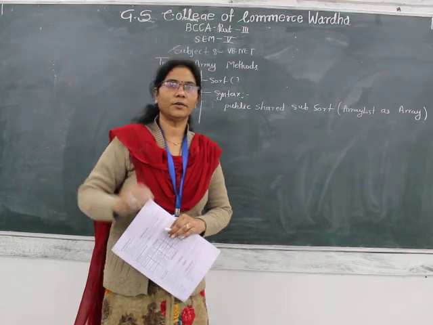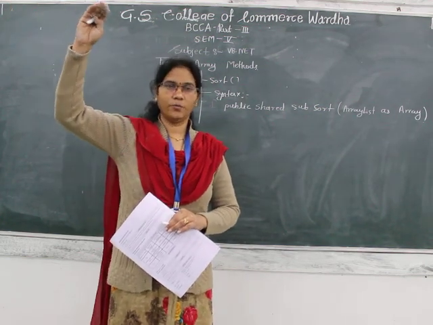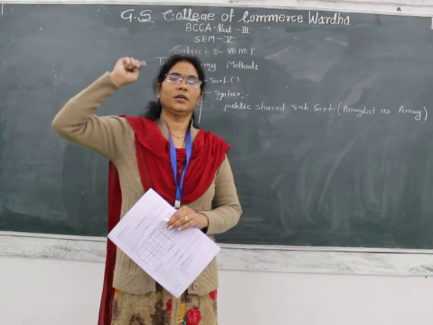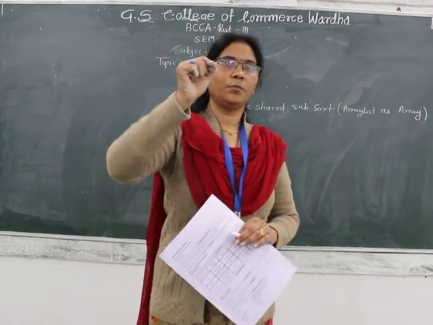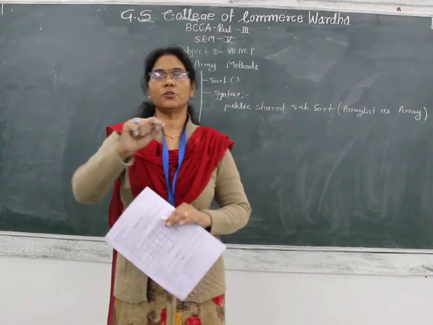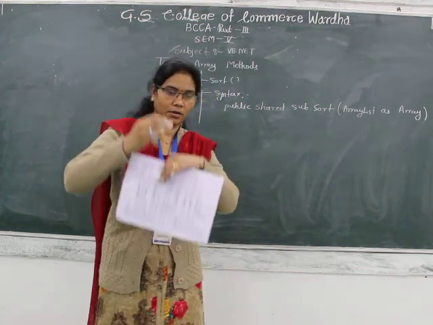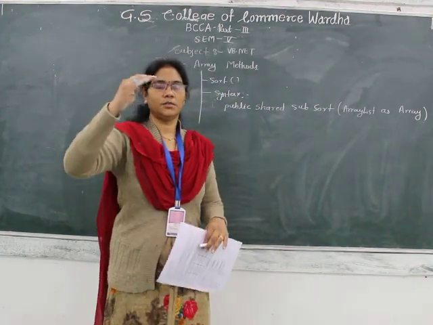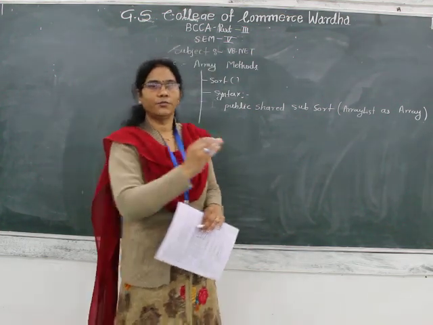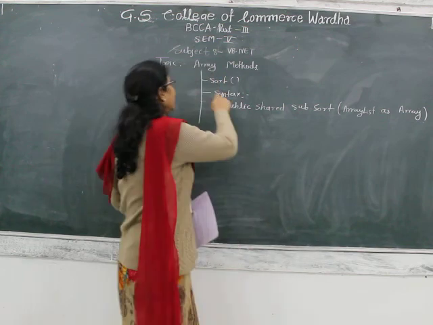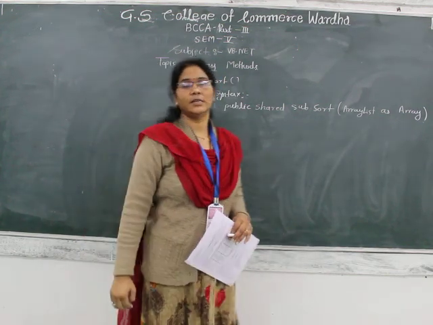Ascending order means like 1, 2, 3, 4, the smallest number is arranged at the topmost position of the array, and in decreasing order means the reverse. So 1, 2, 3, 4, 5, like that we sort the elements in ascending order.